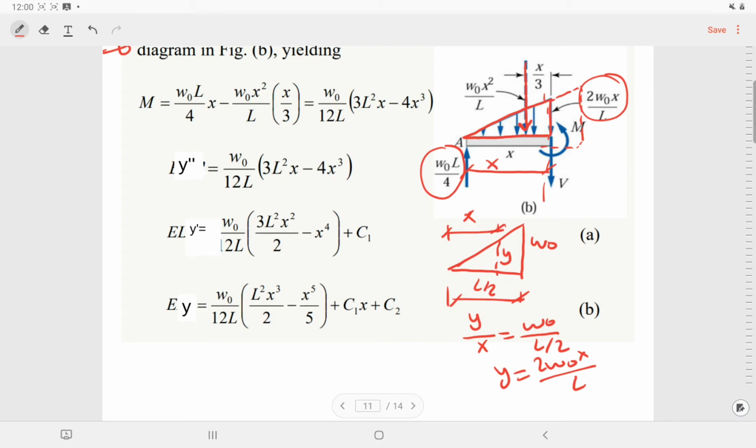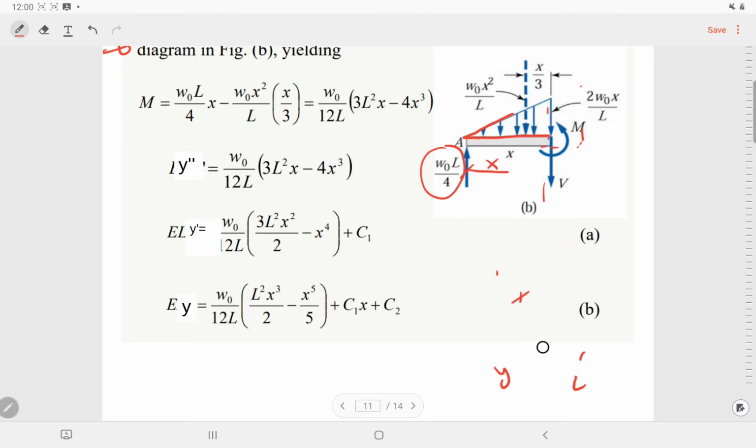Because we have y, I'm going to need to find the resultant of this triangle. The resultant of this triangle is y times x divided by 2.